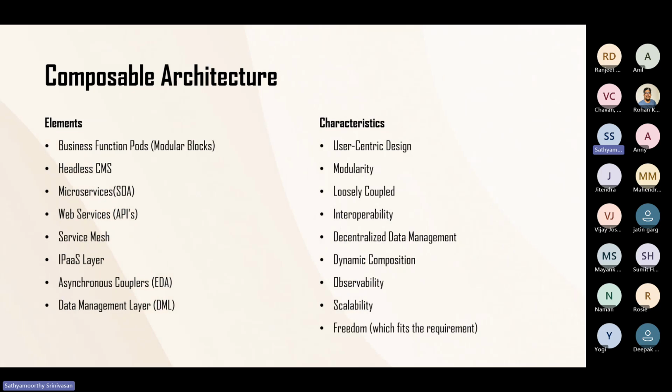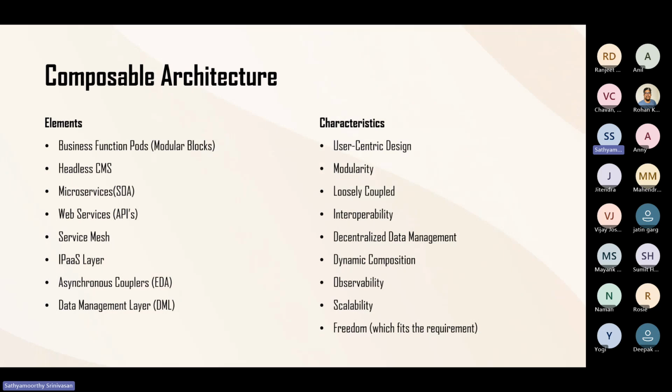So let's start with a few elements. Composable architecture is built on the principle of modularity. Each component operates independently and contributes to the overall system. Interoperability is what truly empowers the composable system. Each module within the architecture can communicate seamlessly with others, regardless of the technology or platform.